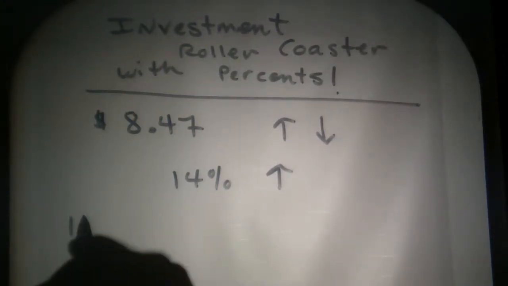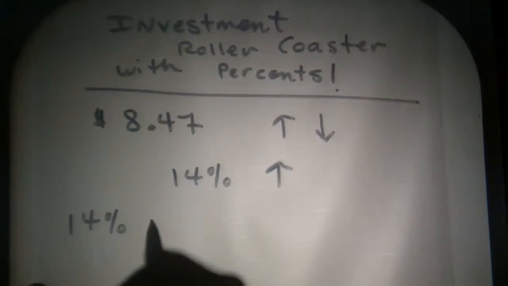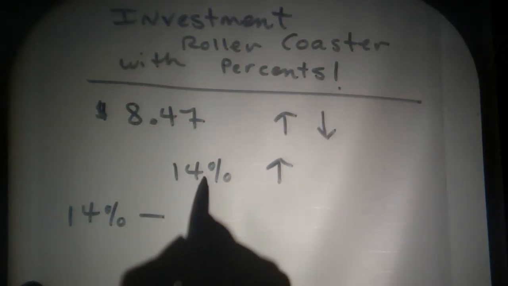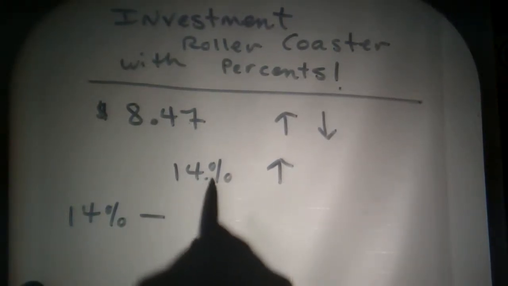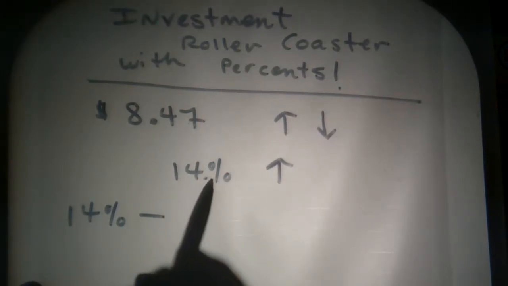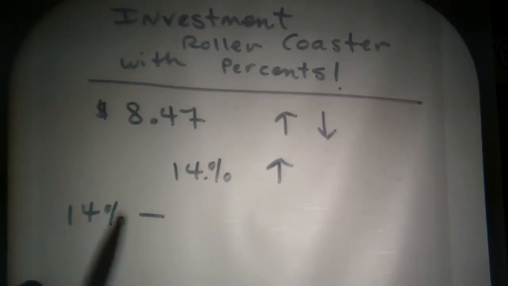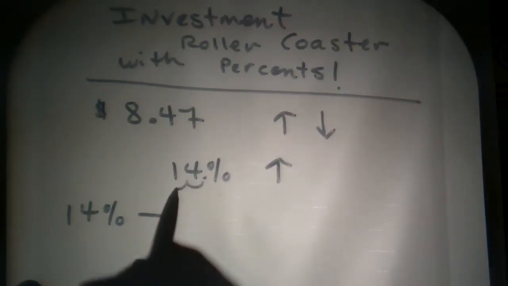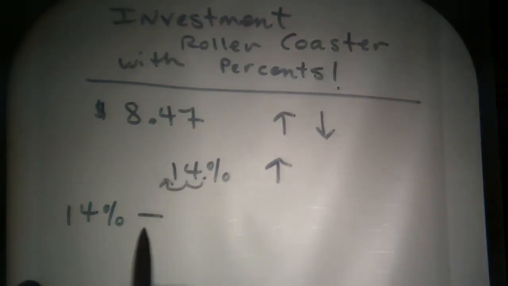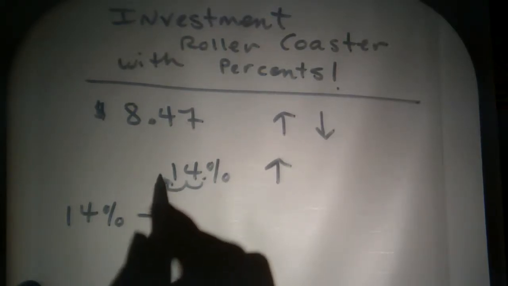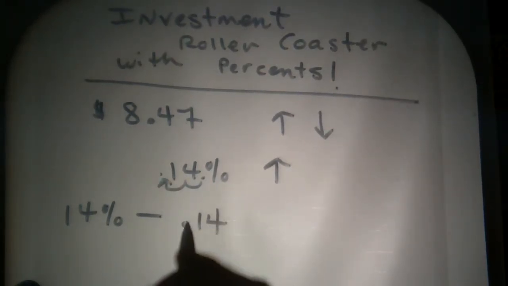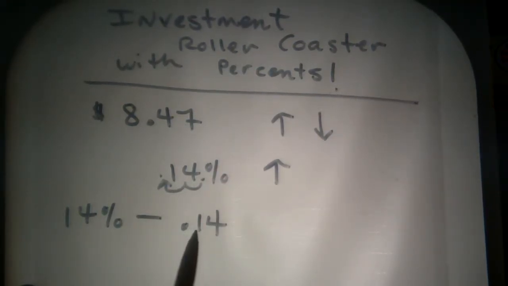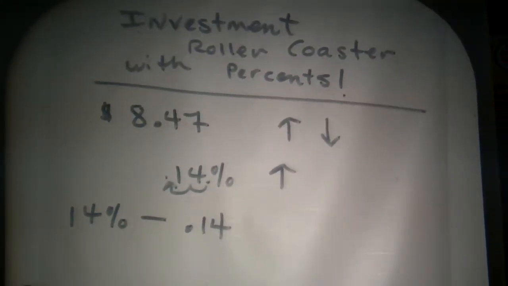We have to convert 14% to a decimal. It's a whole number, so the decimal sign is right next to the percentage sign. To change it into a decimal, we need to move it 2 spaces to the left. So we're going to put it right here. So our 14% is converted into a decimal: 0.14.